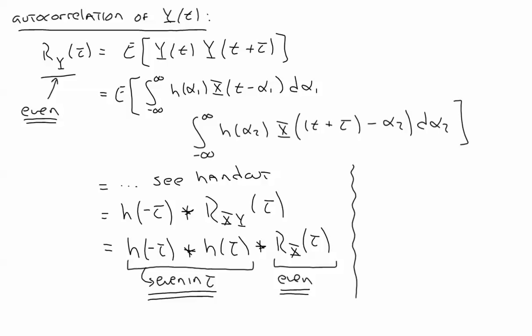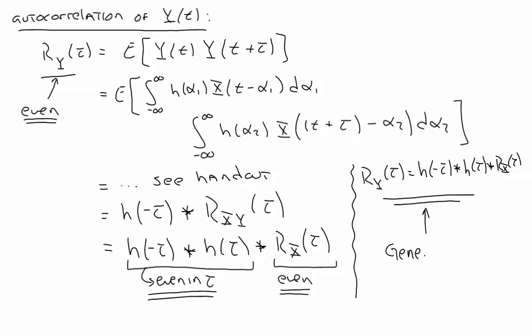Let me summarize it here. It's going to be h of minus tau convolved with h of tau convolved with r x of tau. This is all general. That's a general result. Okay?